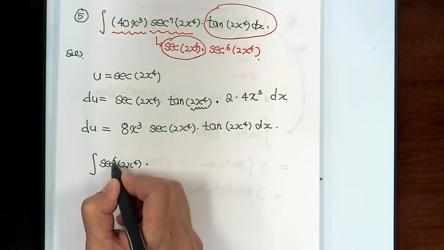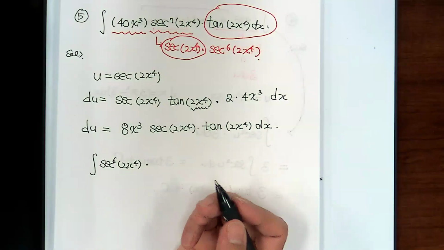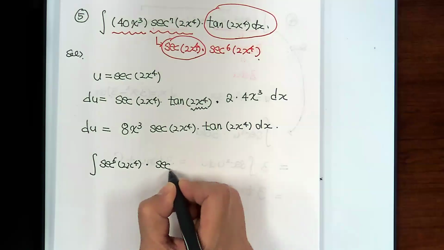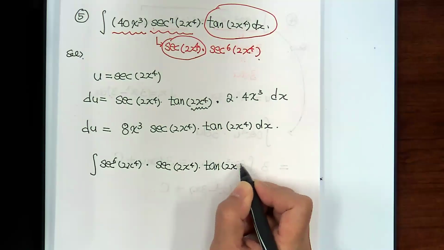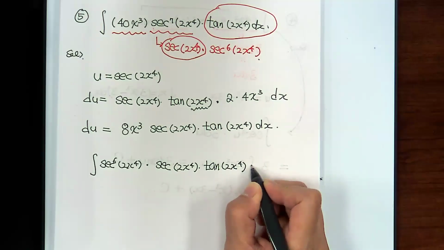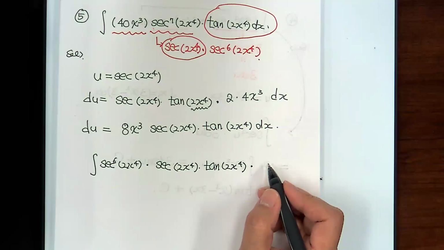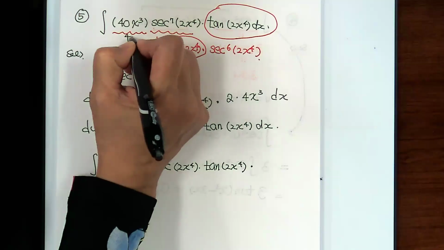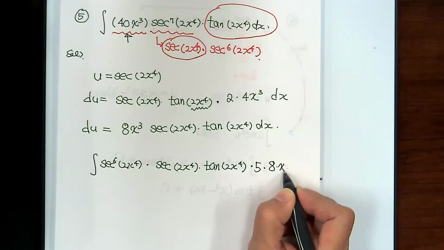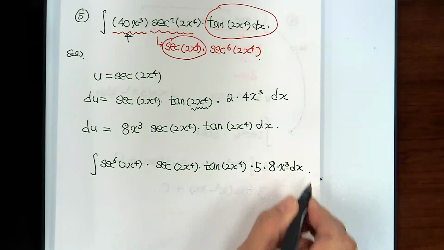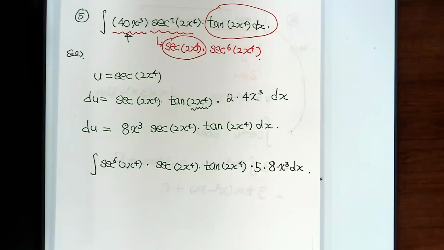So I would write secant to the sixth power times secant of 2x to the fourth power times tangent of 2x to the fourth power times, we can rewrite this part as 5 times 8 times x cubed dx. Any questions so far?